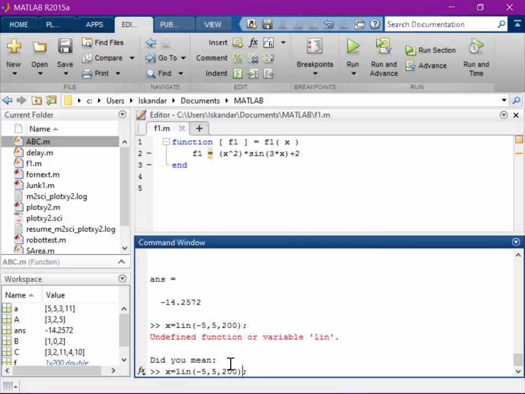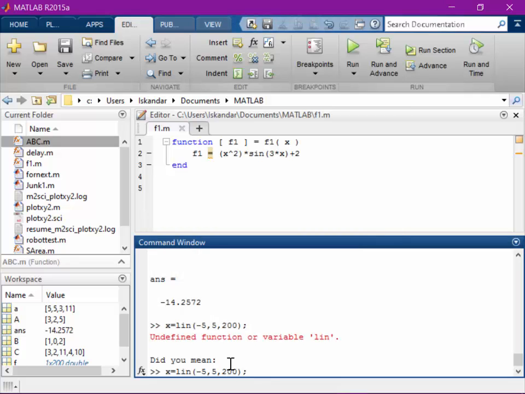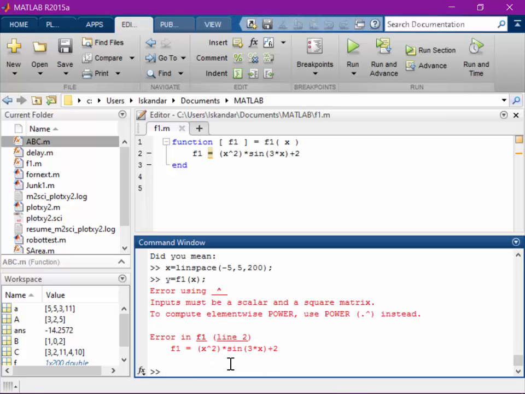So I've created x. And then I simply say y is equal to F1 of x. And I get an error: inputs must be scalar and a square matrix. What do you mean?